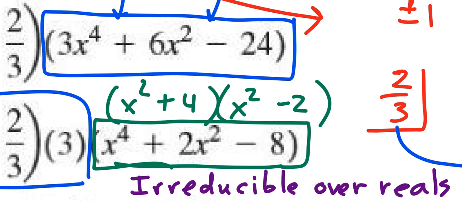Oh, yeah. All right, which one do you think is irreducible over the real numbers? X squared minus 2? Sorry, that is reducible. The irreducible one is right there.